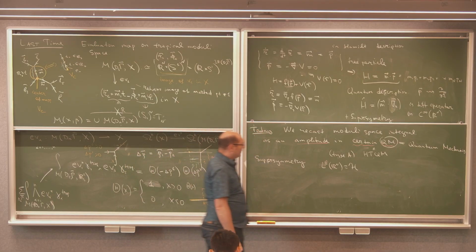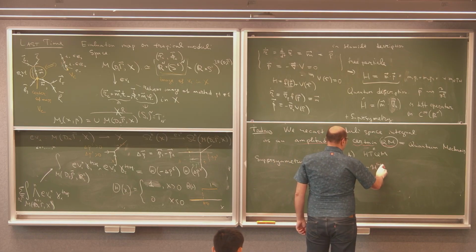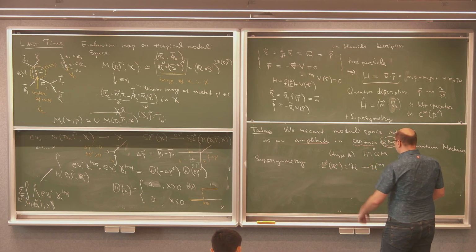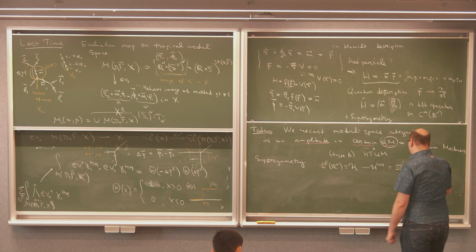That was our Hilbert space, and it will promote this to a supersymmetric Hilbert space, which essentially promotes functions on Rn to properly normalized differential forms. So normalized differential forms on Rn.